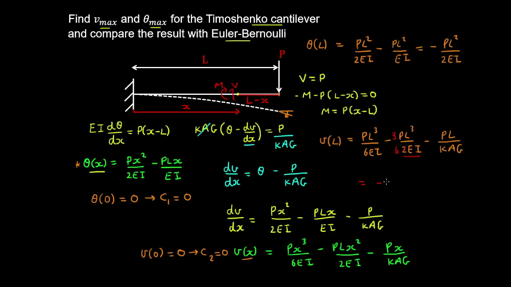Therefore we obtain minus 2PL cubed on 6EI minus PL on kappa AG. And 2 on 6 is the same as 1/3. And this here is a maximum deflection, which is negative downwards.